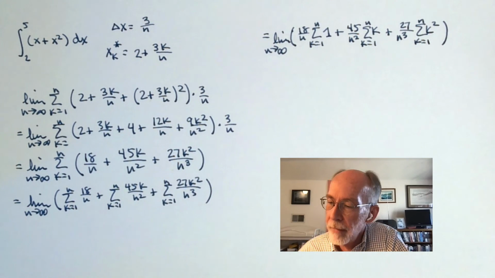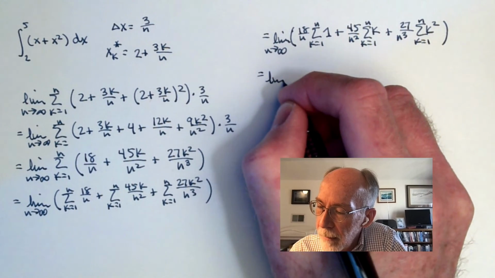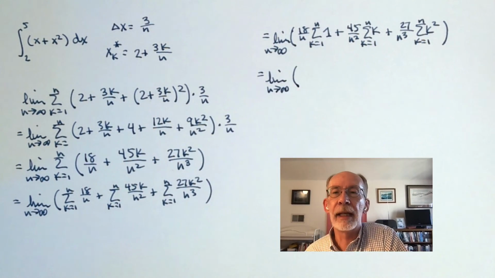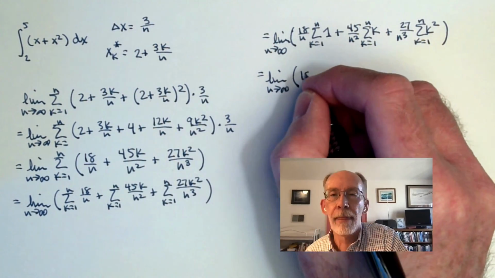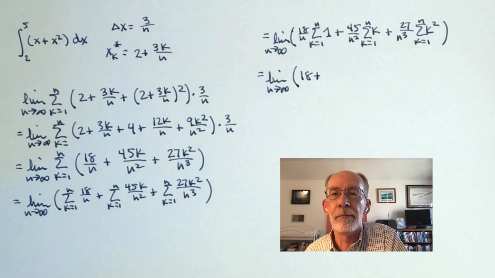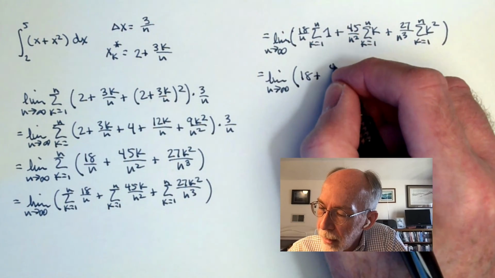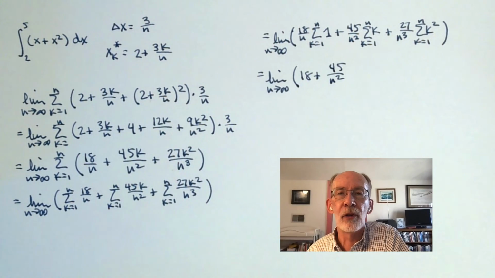All right. Limit n to infinity. If I add up n ones, I get n. And 18n over n is 18. Feels like progress. Next term, we've got the 45 over n squared. And now we try out one of those summation formulas that I flashed on the screen right at the start of the video.